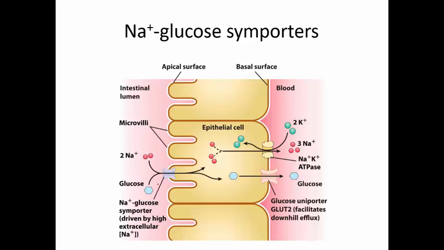So here we have glucose, and the glucose concentration in the cell is going to be higher than in the lumen, so that's going to need active transport. We can't just do it on its own, so what we're going to do is pull two sodiums through. Remember, sodium is higher on the outside than the inside of cells, so that's going to be favorable.